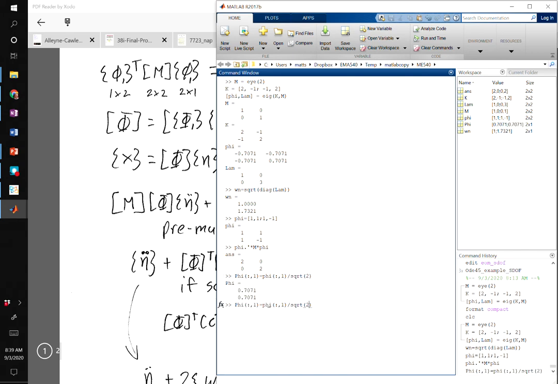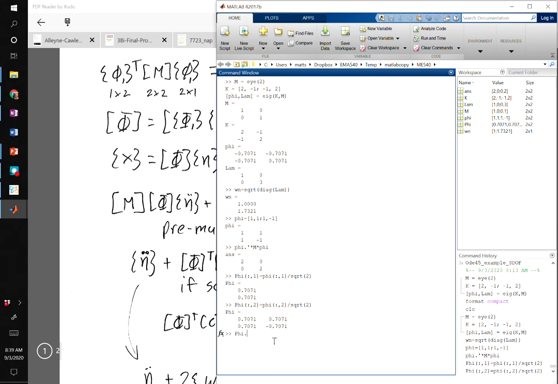Then we could do the same thing for the second column. And now capital Phi is mass normalized. Notice that's similar to what MATLAB actually gave us.